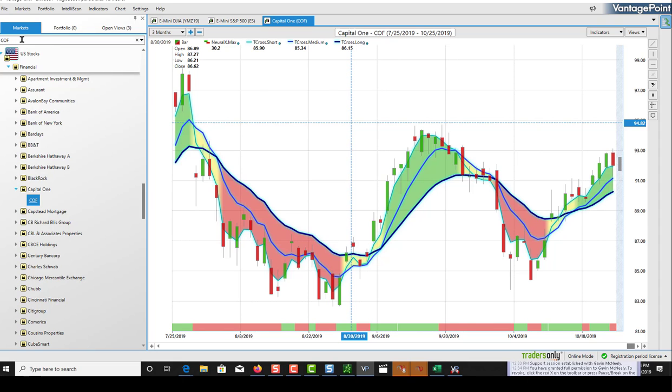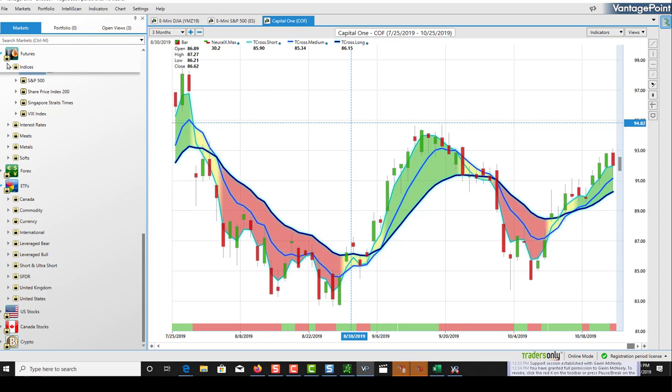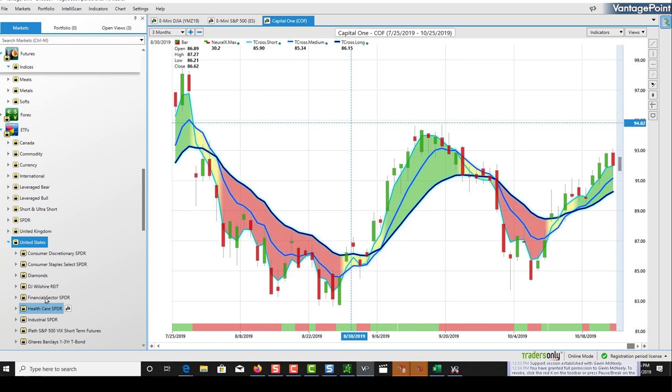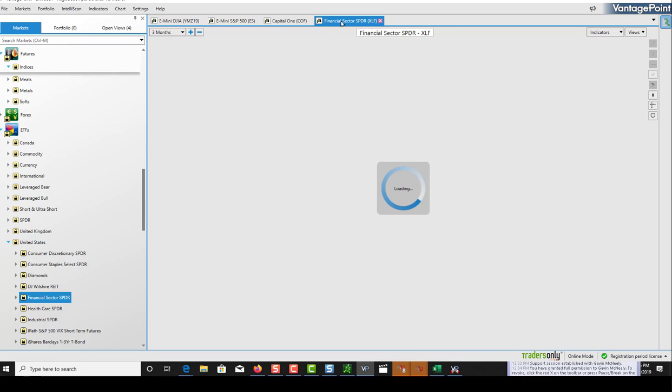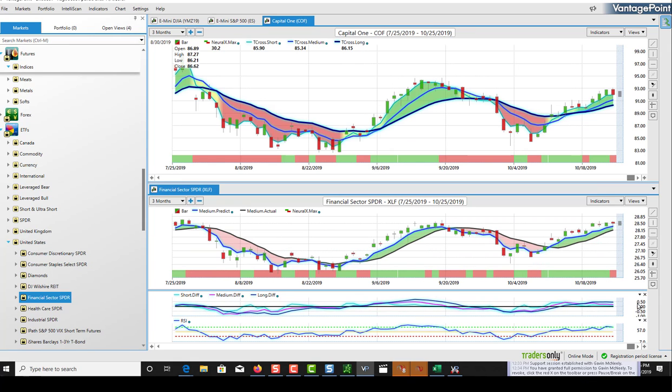If you look at the actual financial ETF, let's see, got a couple open here. Yeah, so you've got the confirming markets right here. Right. Crossing over right at the same time.